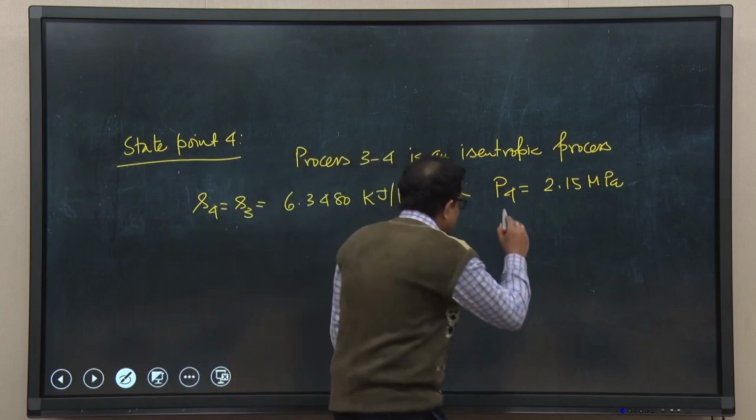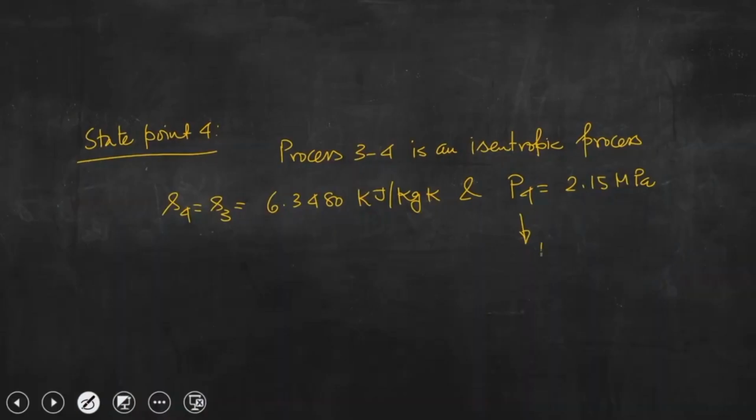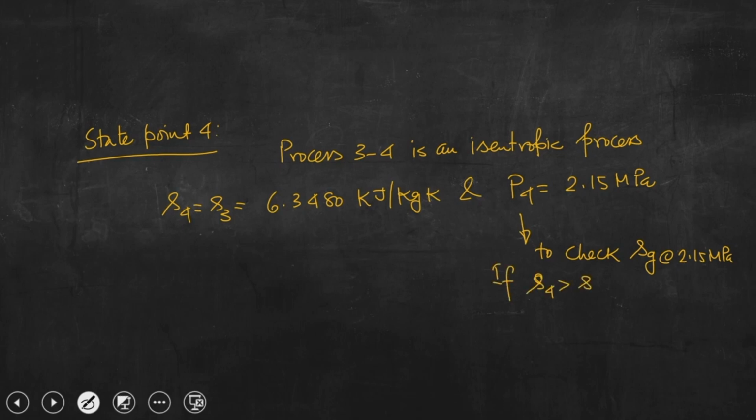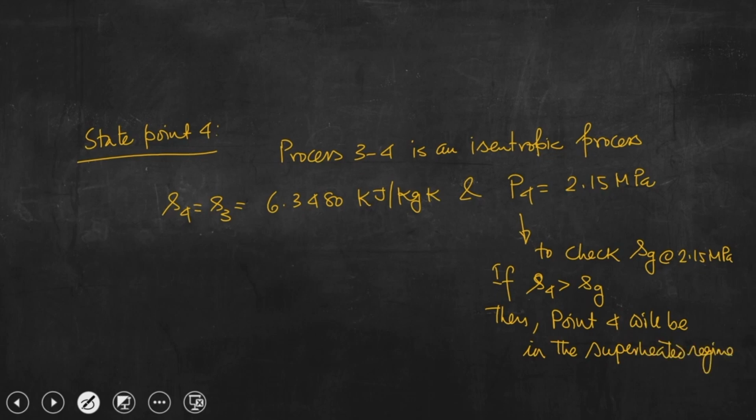So, the step is to check Sg at 2.15 megapascal. If S4 is greater than Sg, then point 4 will be in the superheated regime, right.